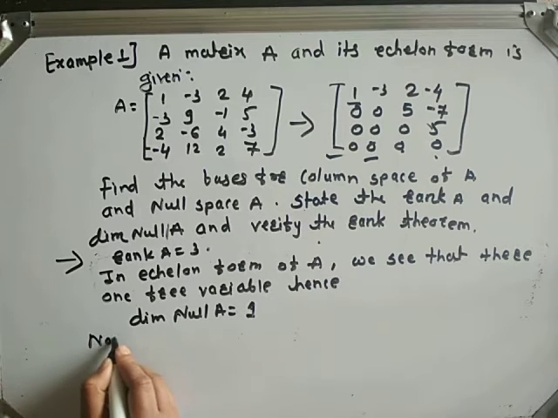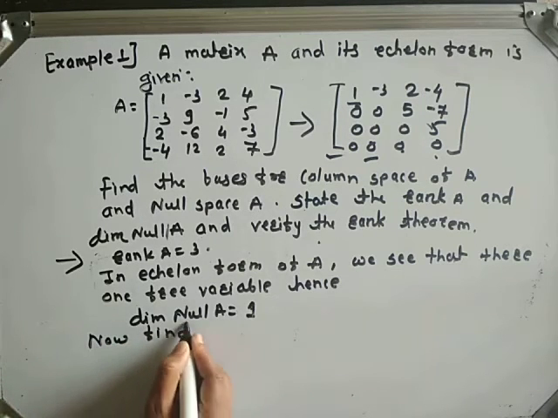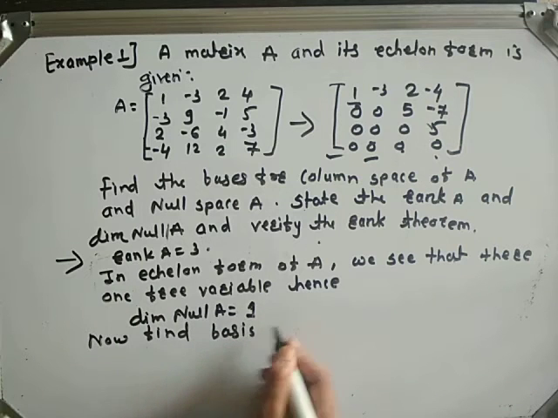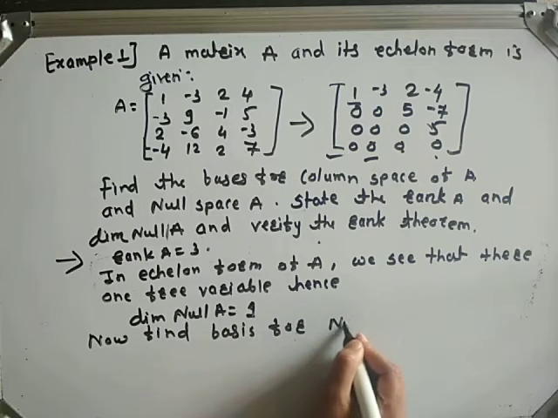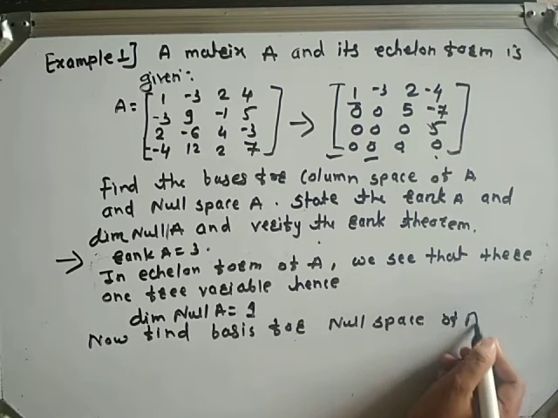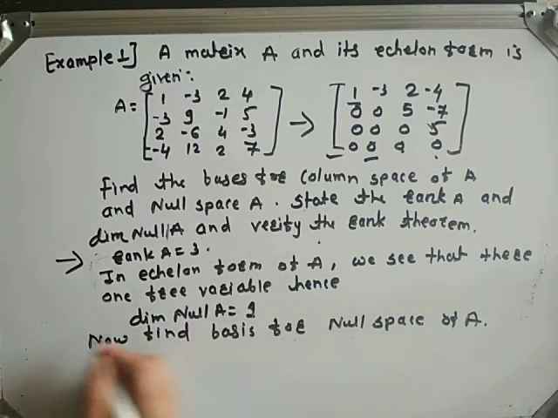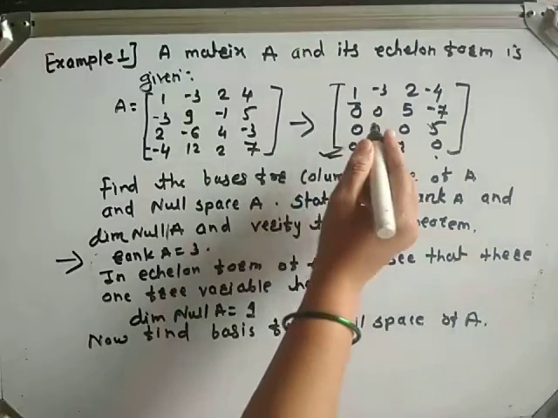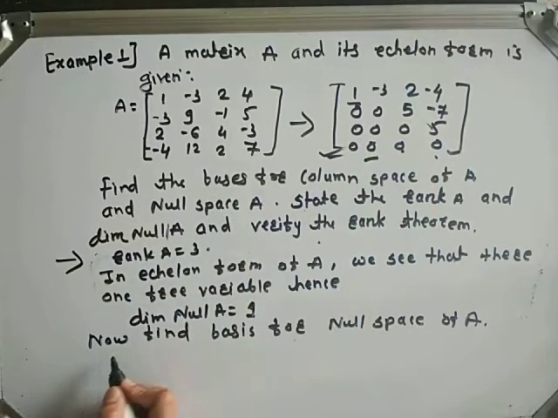Now to find a basis for null space of A, we further reduce this echelon form to reduced echelon form.